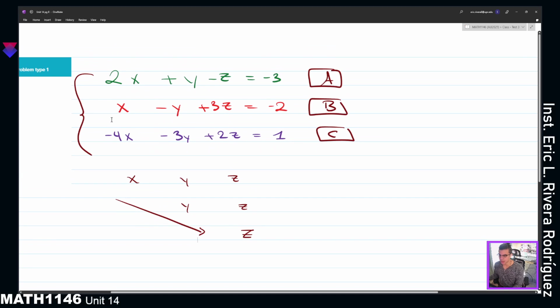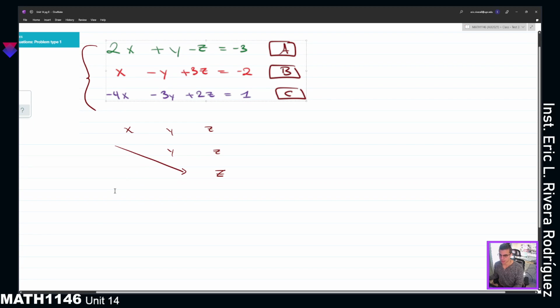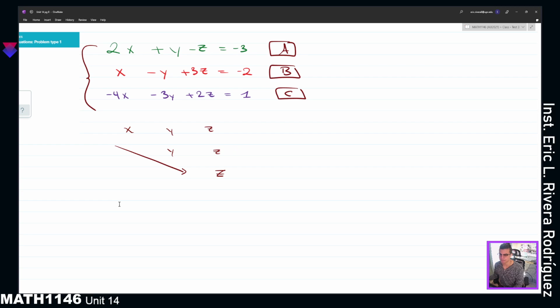So I'm going to try to follow this triangular shape. The other thing that I will do, because this is the shape that I'm going to follow, is to have the equation at the top, one that I can use to eliminate the x term from the other two equations.